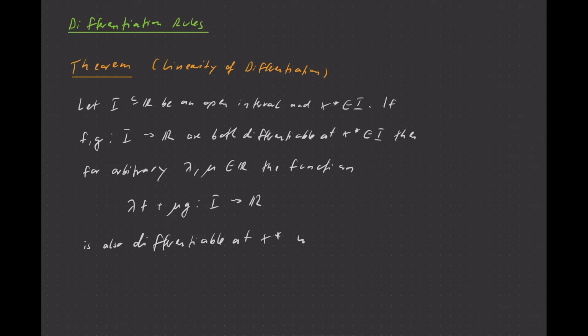And furthermore, the derivative of that function, d by dx of the function lambda f plus mu g at the point x star, is given by lambda f prime at the point x star plus mu g prime at the point x star.